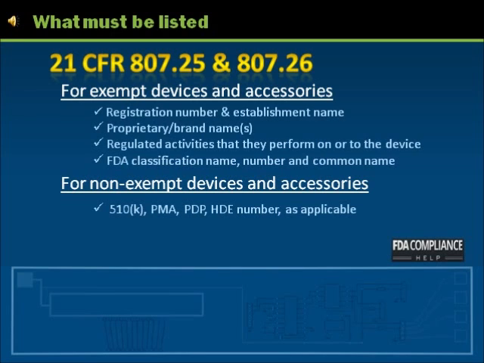Identification names include the classification name and number and common or usual name, and labeling when they are unable to identify an appropriate FDA identification name.